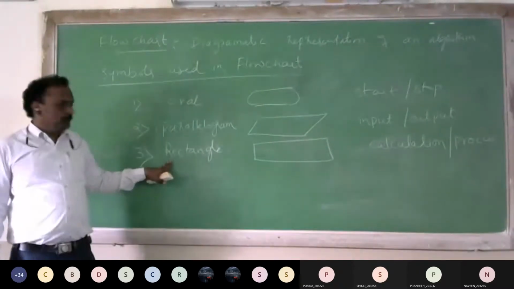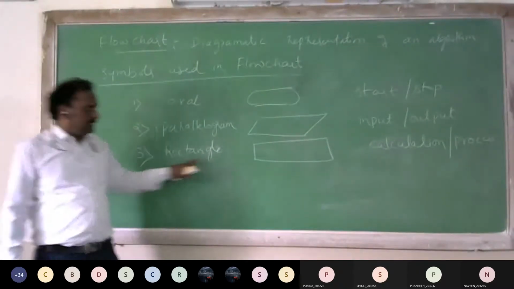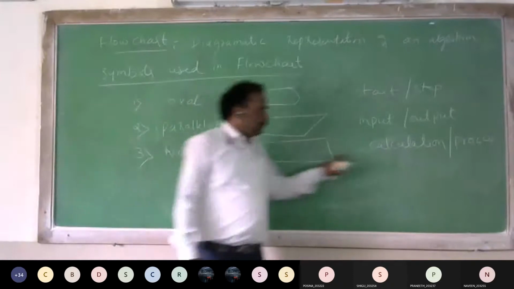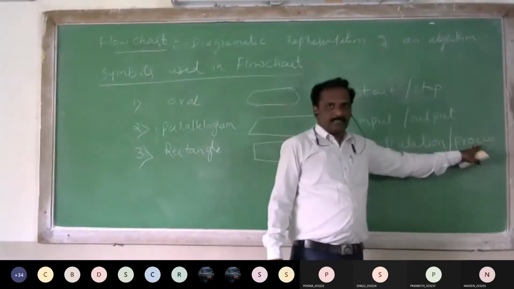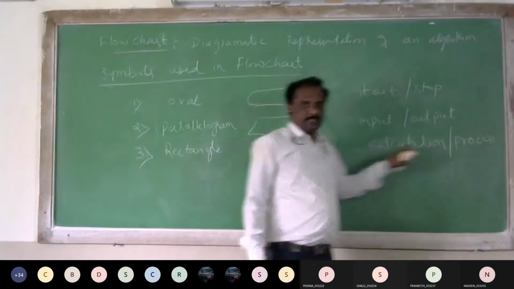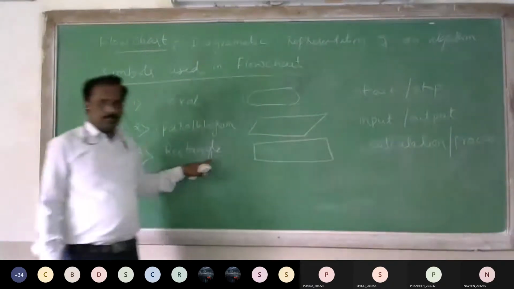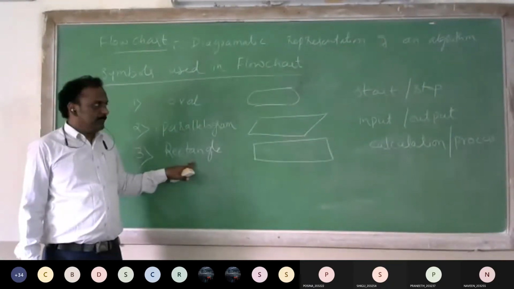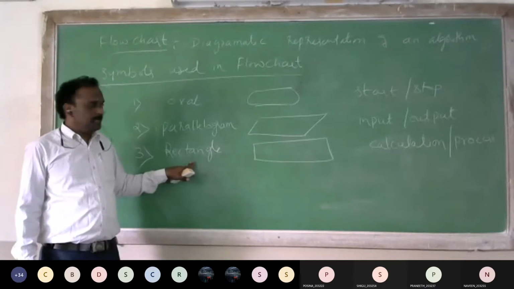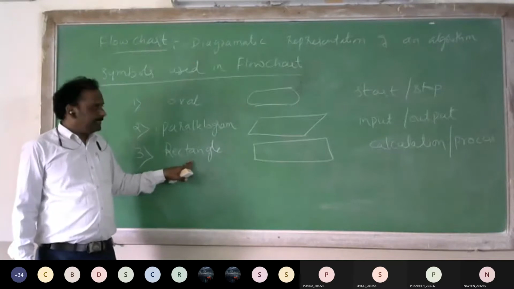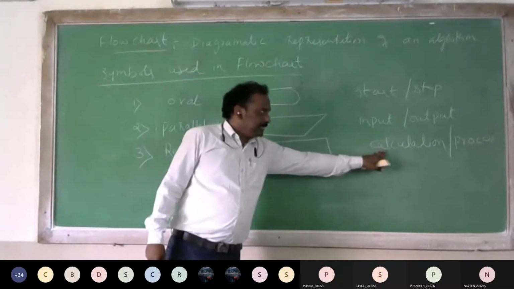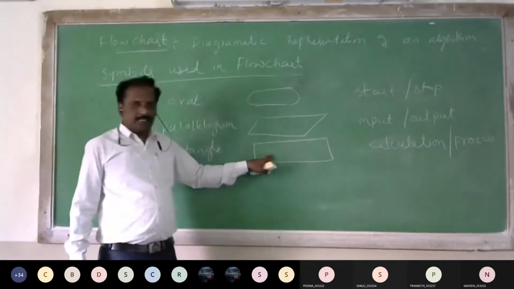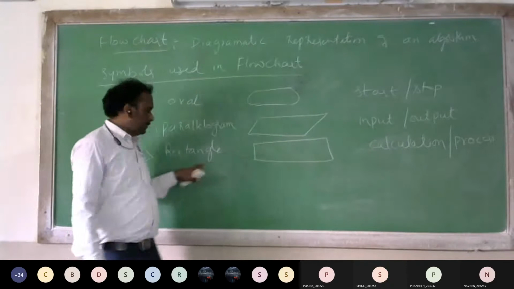Like in addition of two numbers, C is equal to A plus B. Yesterday in the algorithm, I used the third statement as C is equal to A plus B. That is the calculation I am doing. To represent that calculation, we use the rectangle symbol.